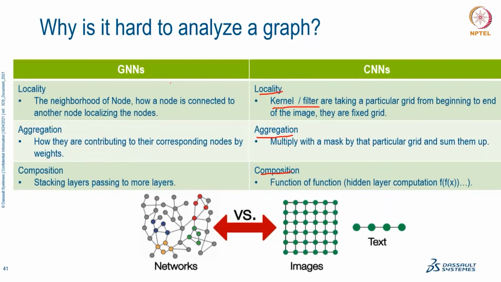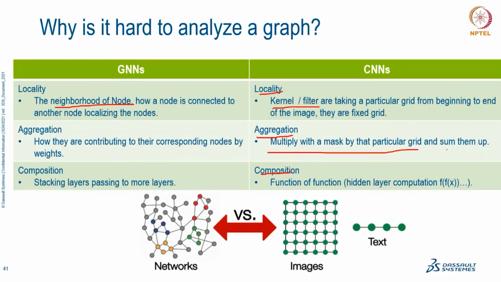But in GNNs, the locality of the graph is defined by the locality of the neighboring nodes. The neighboring node is the thing in graph neural networks that is similar to the kernel in convolutional neural networks. Now, aggregation. Aggregation in a CNN is where we apply the kernel, multiply the values of the kernel, and then sum the values to get the output signal, right?